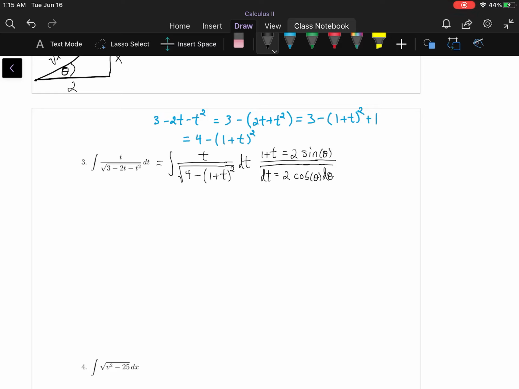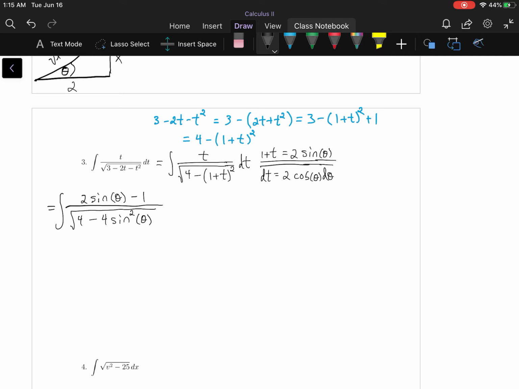Now when I make these substitutions, t on top becomes 2 sine theta minus 1. On the bottom, we have the square root of 4 minus, and 1 plus t is 2 sine theta. So when I square that, I've got 4 sine squared of theta.